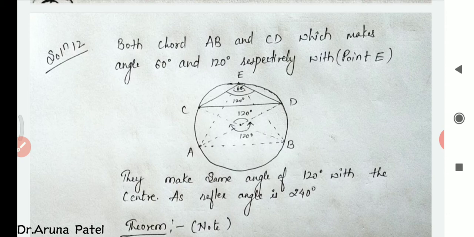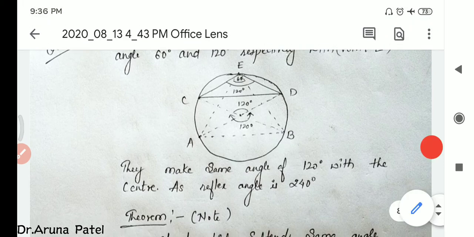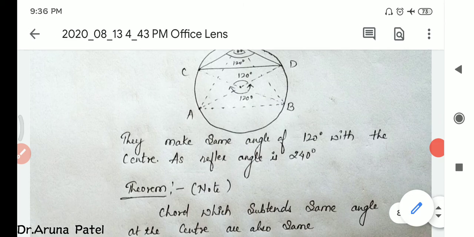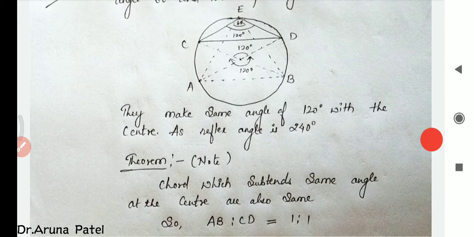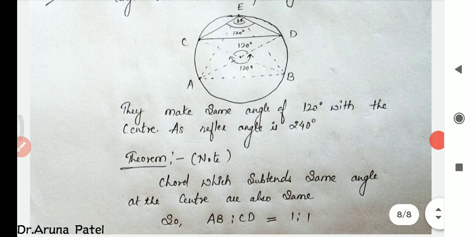Now see the solution. Chord CD makes a 120 degree angle and chord AB makes a 60 degree angle, so at the center they make the same angle of 120 degrees, and the reflex angle is 240 degrees.